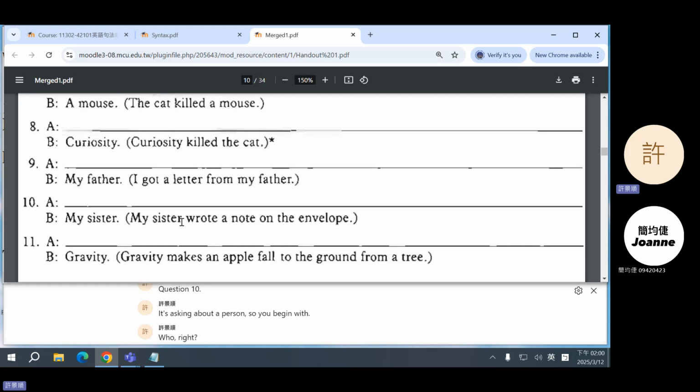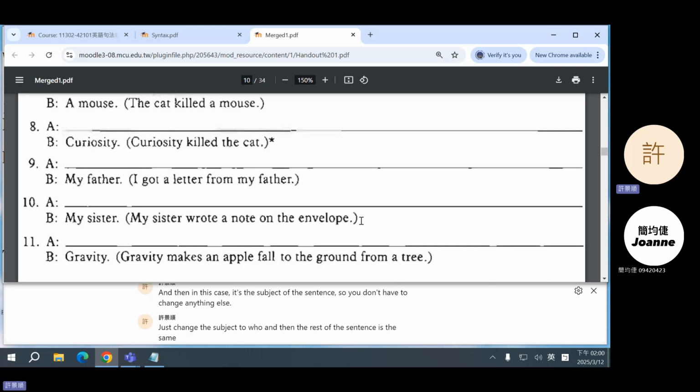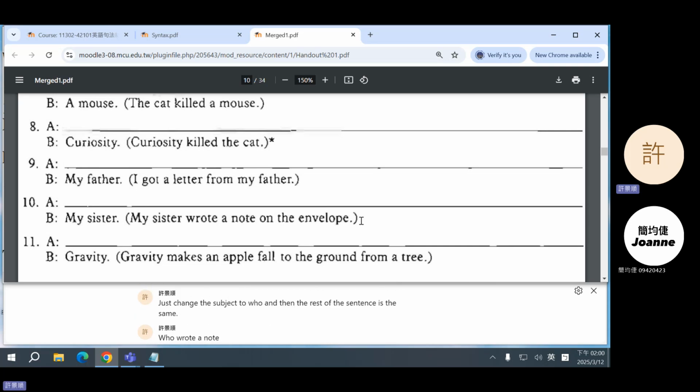And then in this case, it's the subject of the sentence, so you don't have to change anything else. Just change the subject to "who", and then the rest of the sentence is the same. Who wrote a note on the envelope?